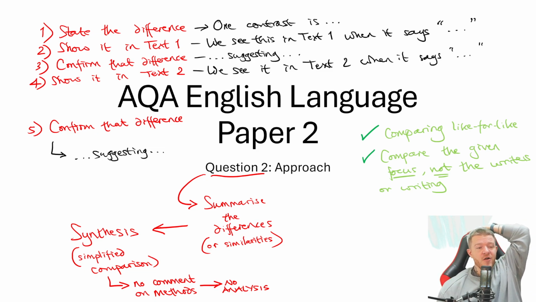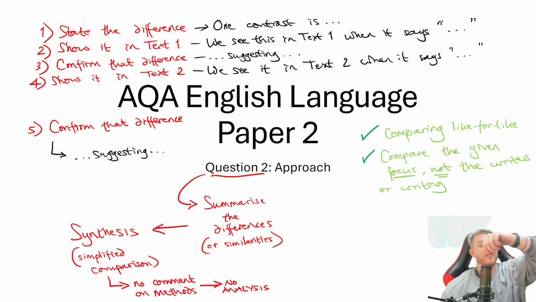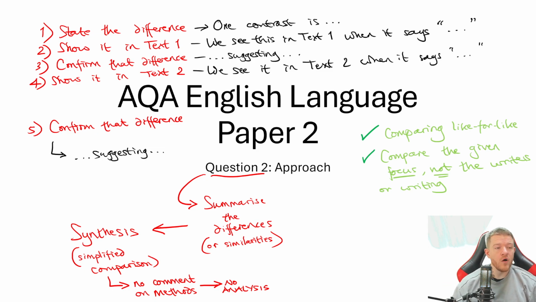If the question says, summarize the differences between the trains, you would need to summarize the difference between the trains, not between the attitudes towards the trains, or the writing style of the two writers, or the language used to describe the scenery. You'd need to focus on the trains themselves, hence the examples before of the difference in color or size of those trains. So compare the given focus, not the writers or the writing.